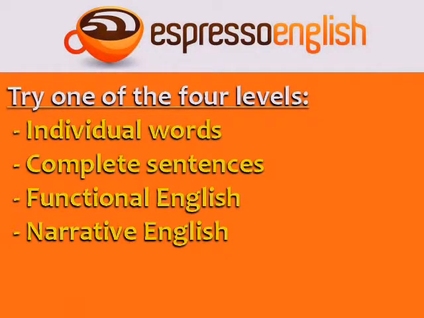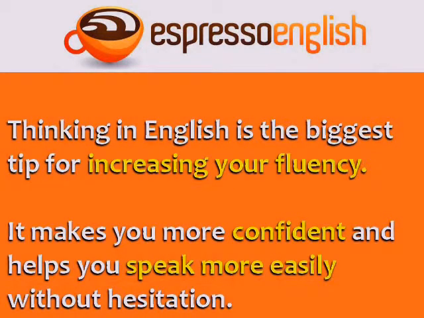Try one of the 4 levels this week: thinking in individual words, complete sentences, functional English, or narrative English. Thinking in English is the biggest tip for increasing your fluency because it makes you more confident and helps you speak more easily without hesitation.